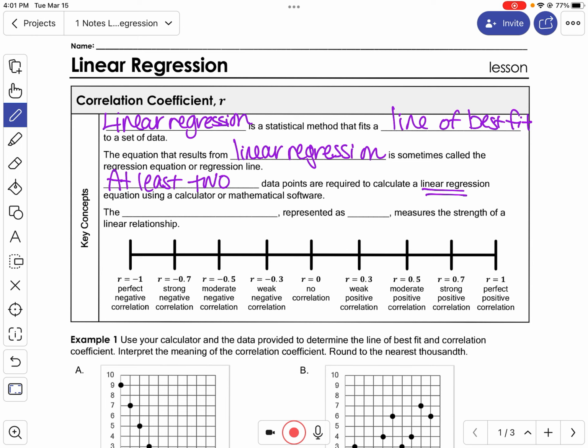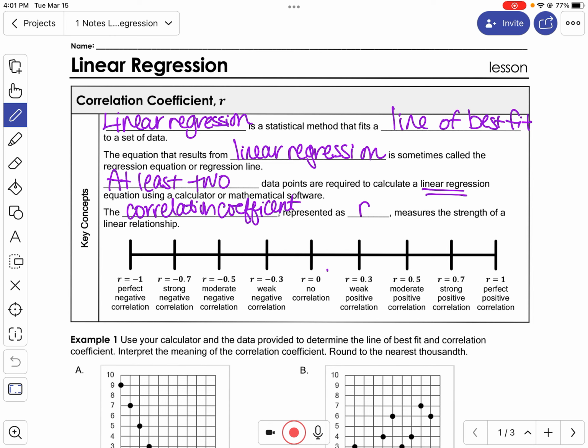So the correlation coefficient, represented as the R, measures the strength of the linear relationship. So whenever you find your equation, you're going to know what R equals. It gives you what R equals.